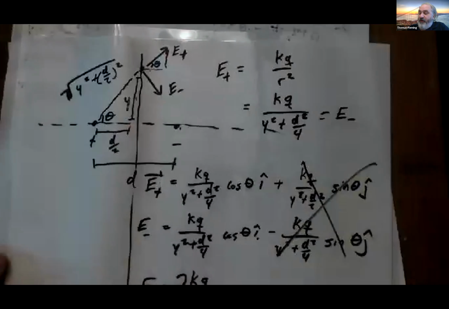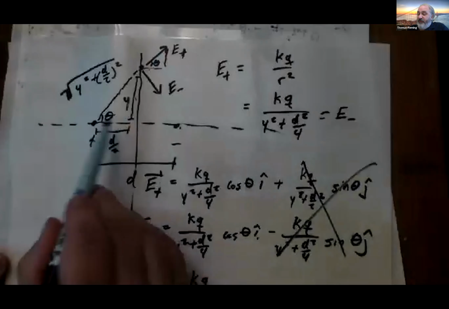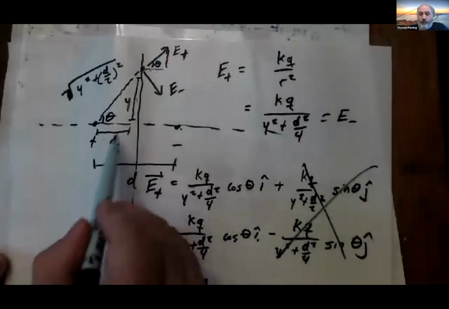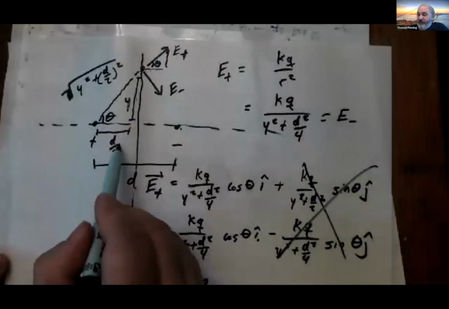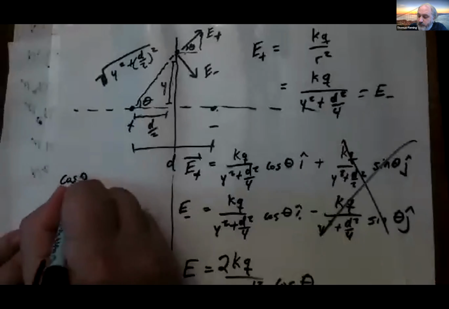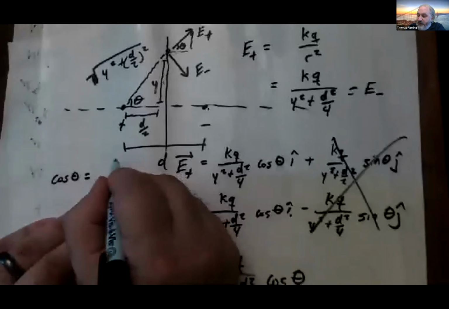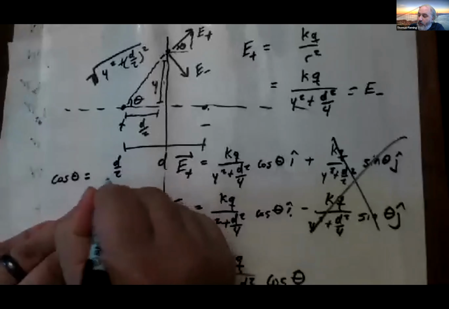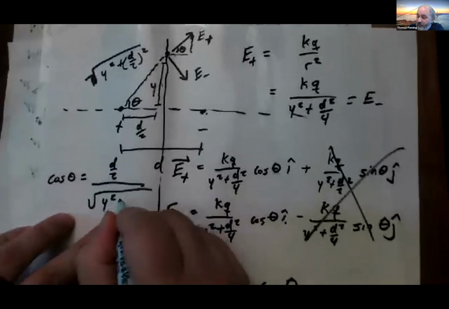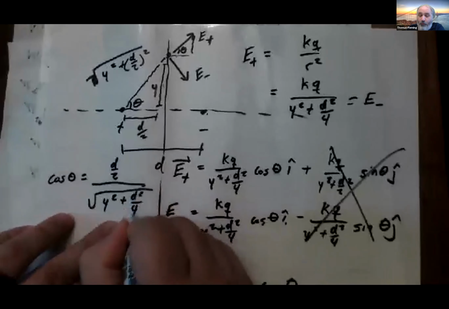And if I'm looking for the cosine of theta, cosine is adjacent over hypotenuse, right? Well, the adjacent side of this little triangle is d over 2. The hypotenuse of this little triangle is r. So I can replace the cosine of theta with the expression d over 2 over the square root of y squared plus d squared over 4.